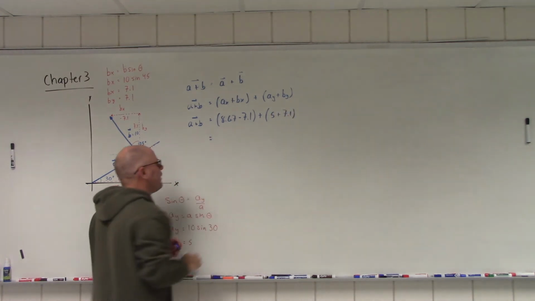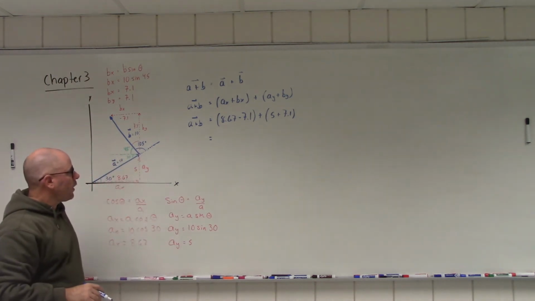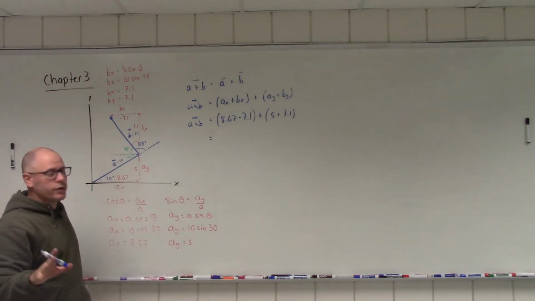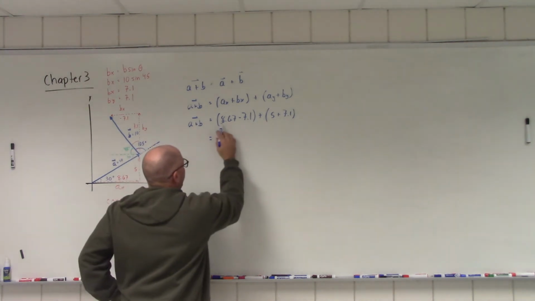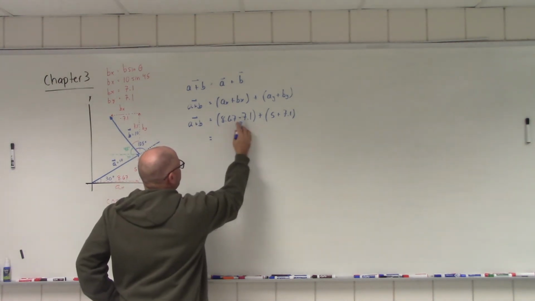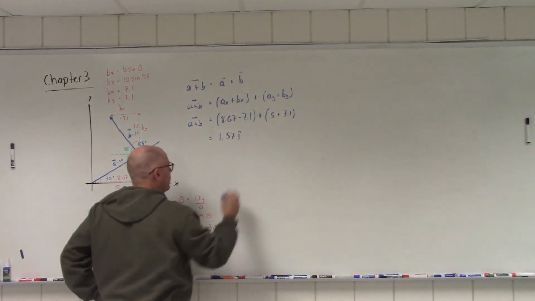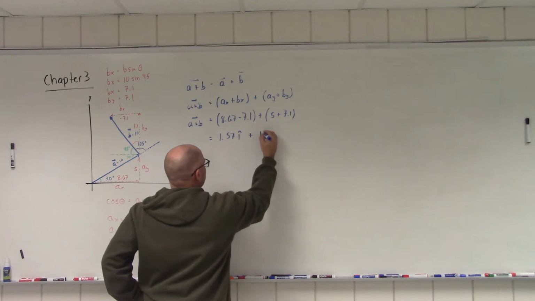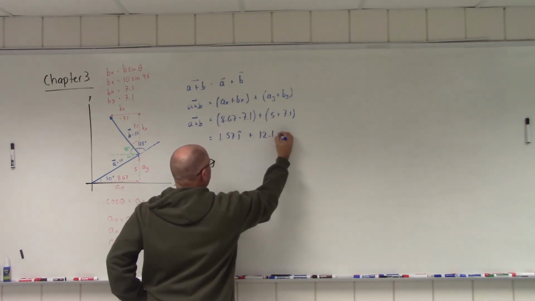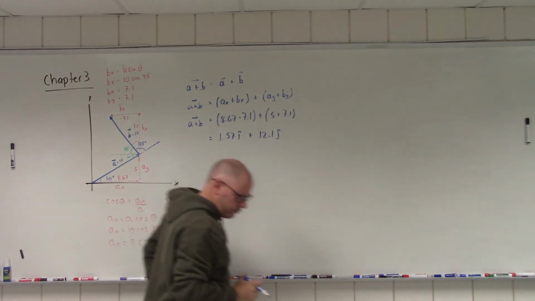So how do I express my vector? All right, I'll switch to unit vector notation so that it makes some sense here. So 8.67 minus 7.1, this is 1.57, and that's in the i direction, plus 12.1 in the j direction.